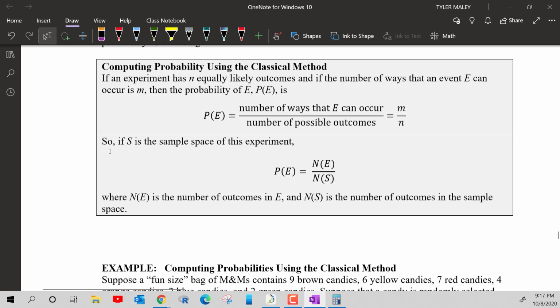If S is the sample space of the experiment, we could say the probability of E happening is capital N of E divided by capital N of S, where N of E is the number of outcomes in E, and N of S is the number of outcomes in the sample space. So there are some different ways to denote that.